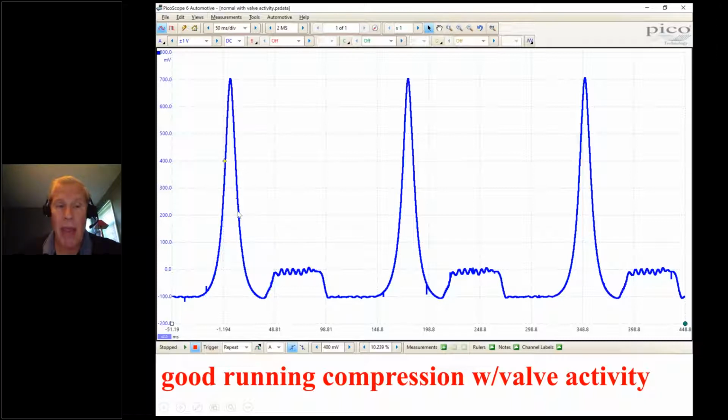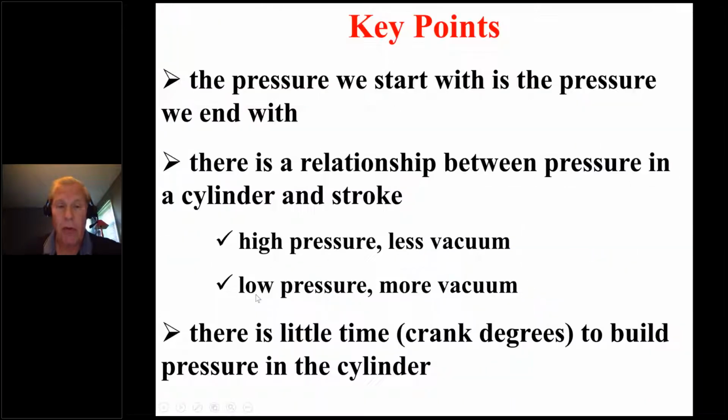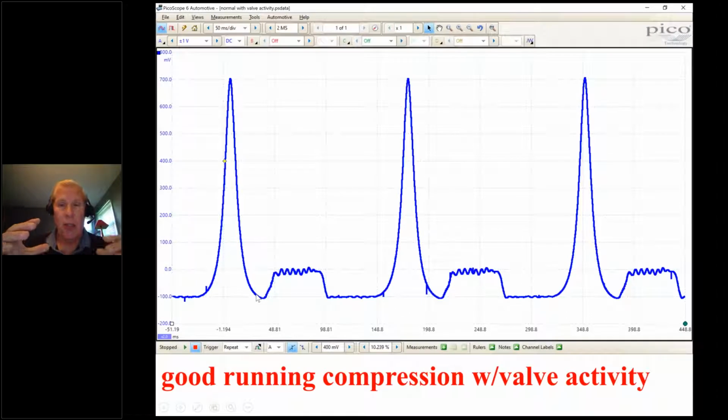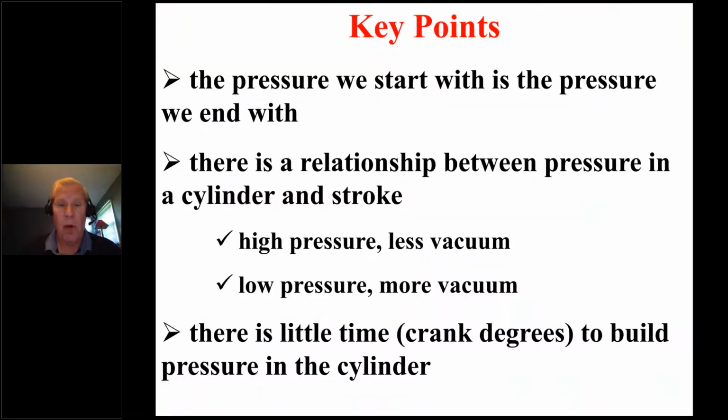And by the time I get down to atmospheric, there's not a lot of stroke left, a lot of piston movement left to create a vacuum. So this is why, generally speaking, the higher the pressure in the cylinder, the lower that expansion vacuum will be. Or the lower the pressure, the deeper that expansion vacuum will be. So there's a relationship there, and I'll talk more about that.